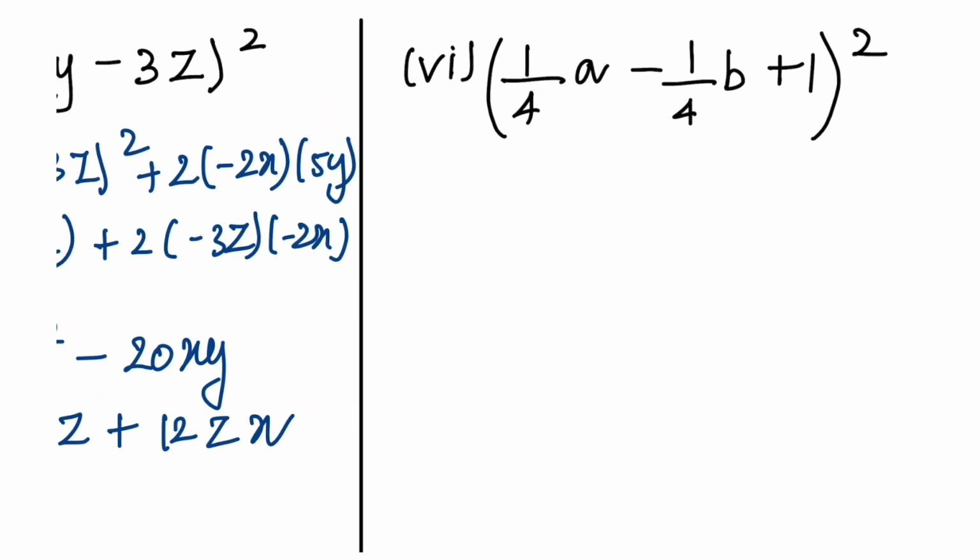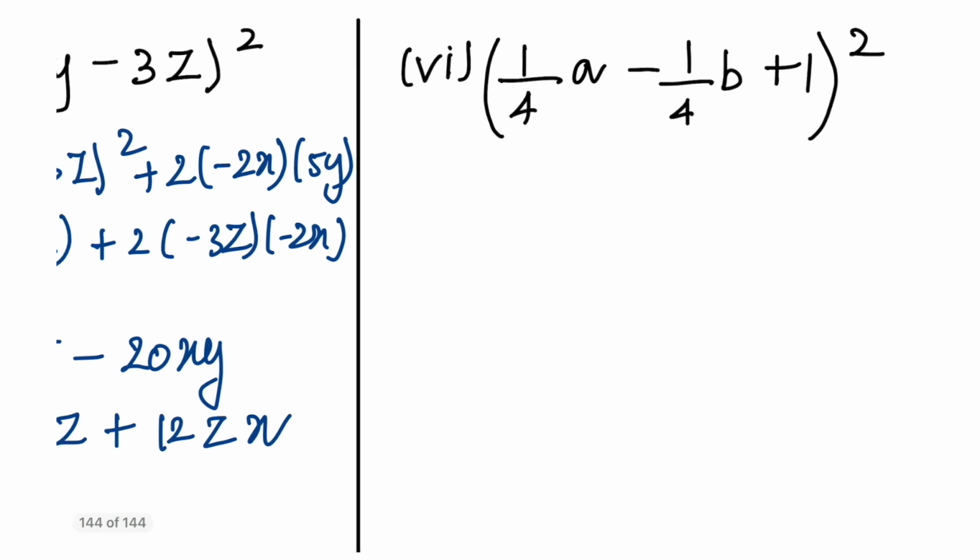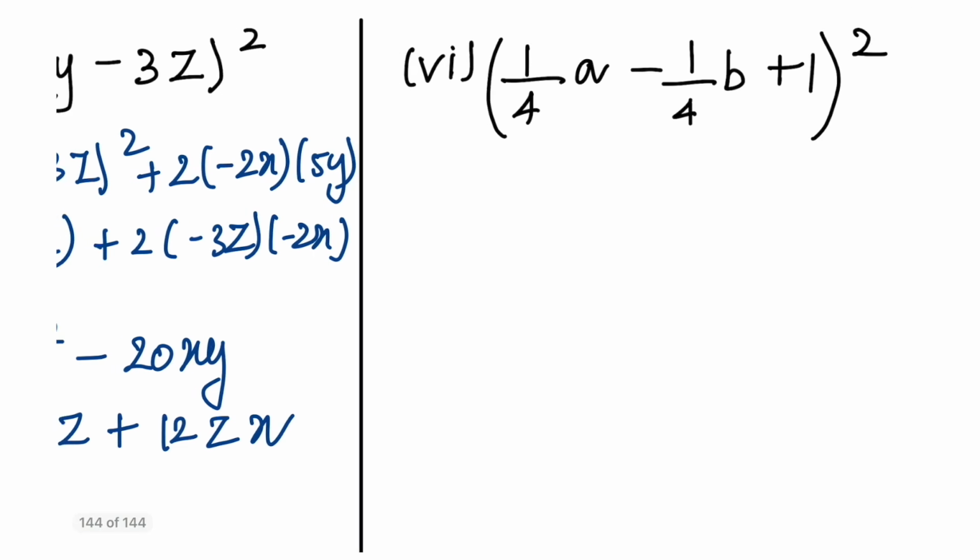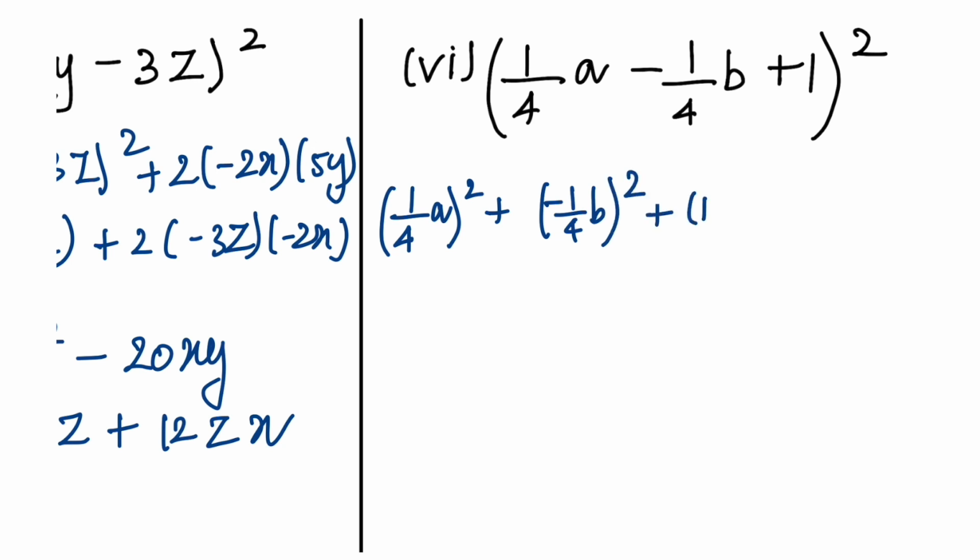Okay, moving on to the last subdivision, we'll be quick about this. So in this case, x is equal to 1 by 4a and y is equal to minus 1 by 4b plus 1 the whole square. Again applying the same formula, it's 1 by 4a the whole squared plus minus 1 by 4b the whole squared plus 1 the whole squared plus 2 into x into y, right?